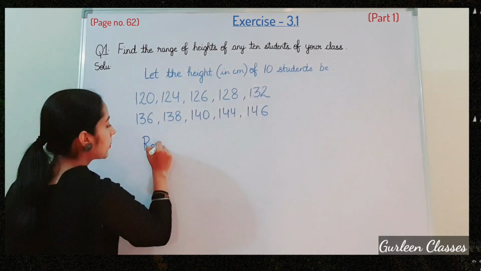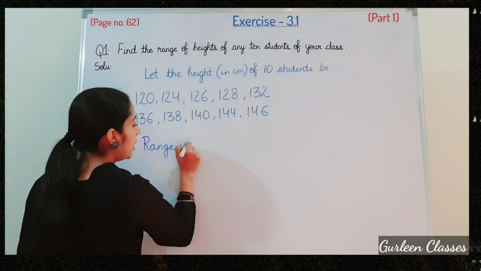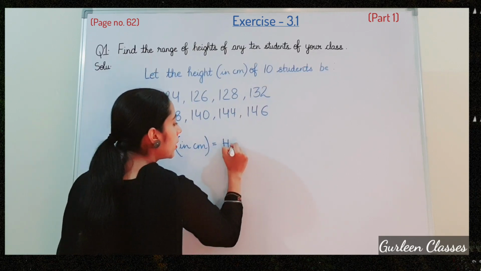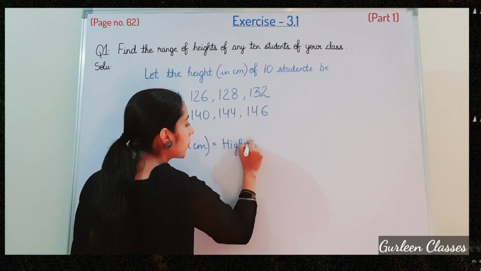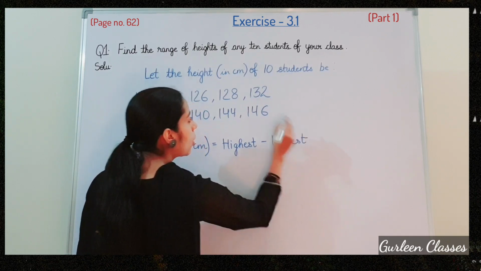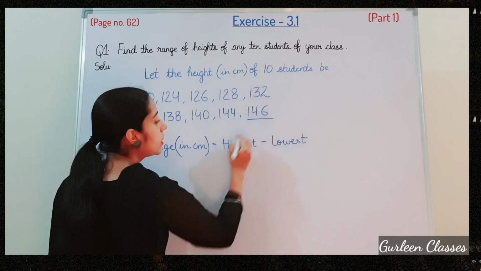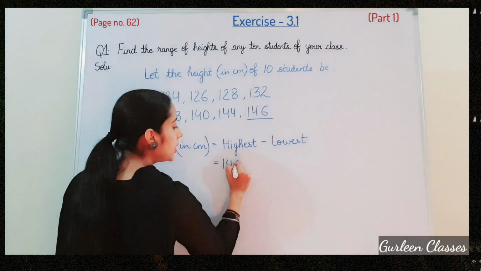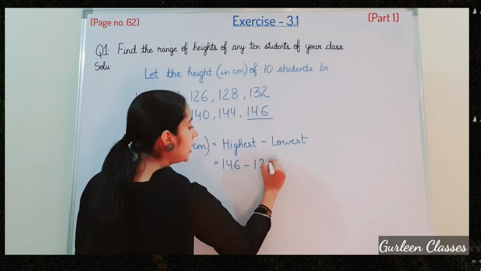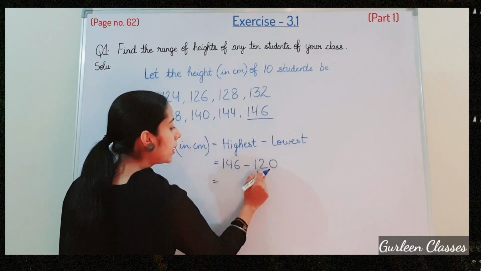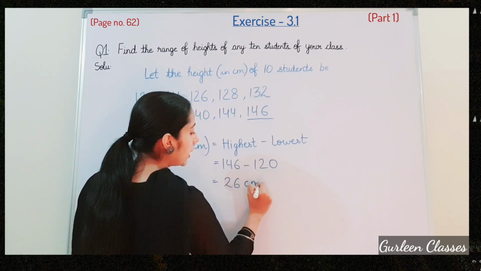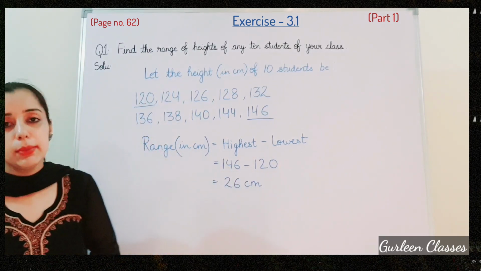Range in centimeter is equal to highest minus lowest. According to this data, the highest value is 146 and the lowest value is 120. So subtract: 4 minus 2 is 2, 6 minus 0 is 6. So our range is 26 centimeter.